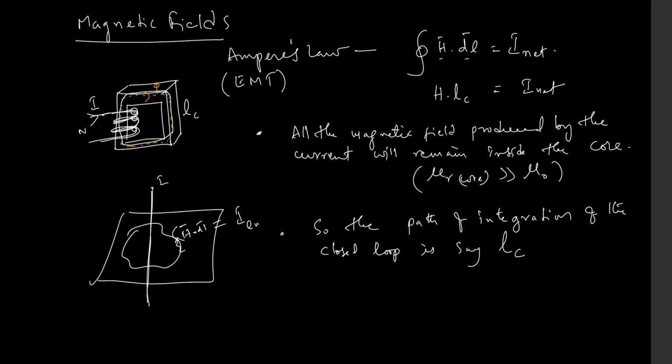So the field intensity multiplied by mean length is equals to I net. I net is actually, now this flux is cutting the current in each turn multiplied by N turns. So that is actually N into I, right? So H is equals to N into I divided by LC. This N into I is actually the MMF, magnetomotive force driving or generating this flux.